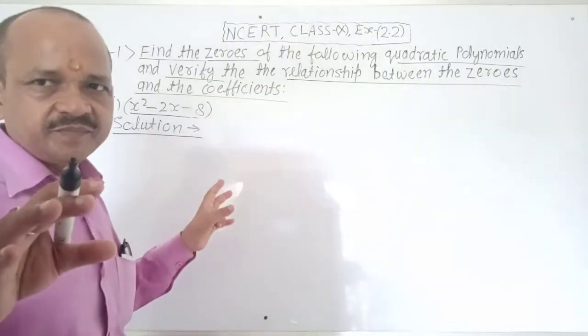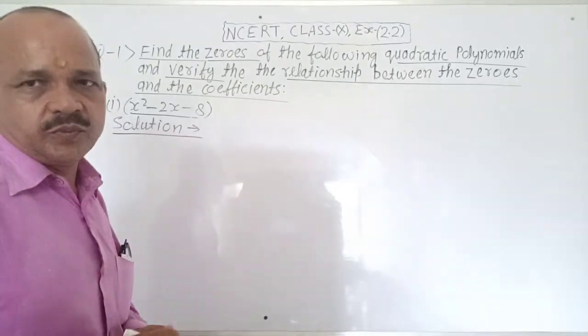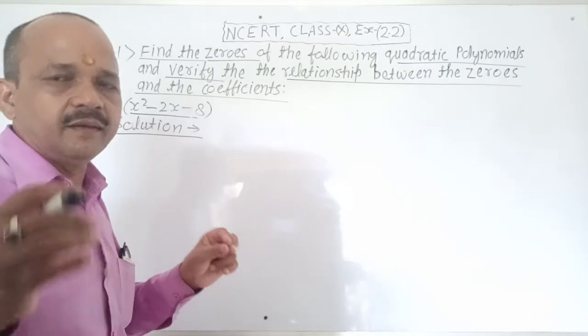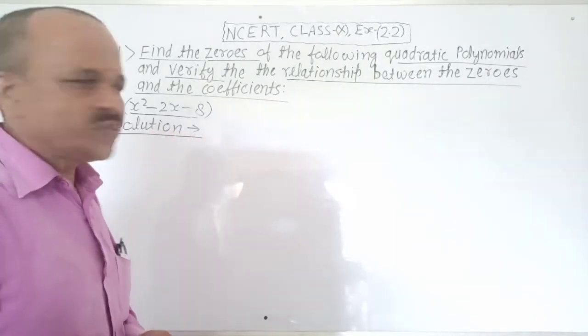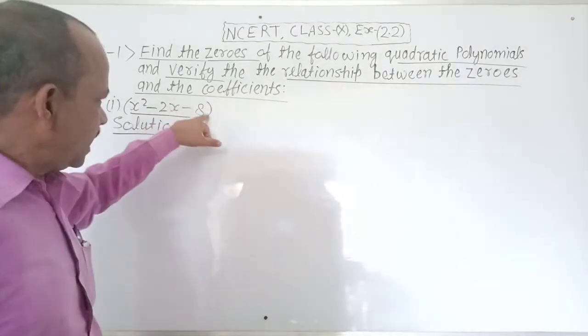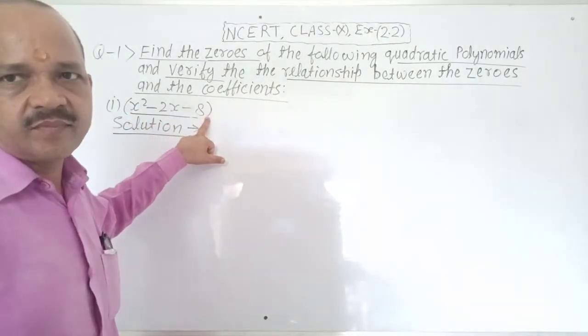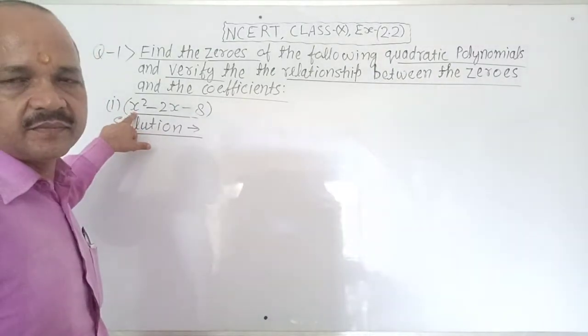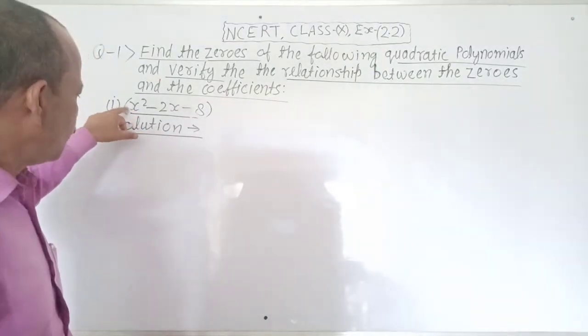Is it clear? I say to you, the number in front of each term is called its coefficient. Here, first term, second term and third term. The number in front of the first term is 1.